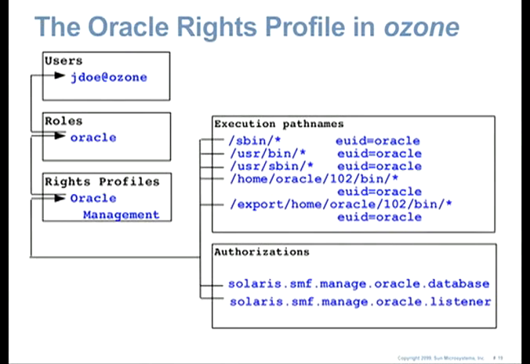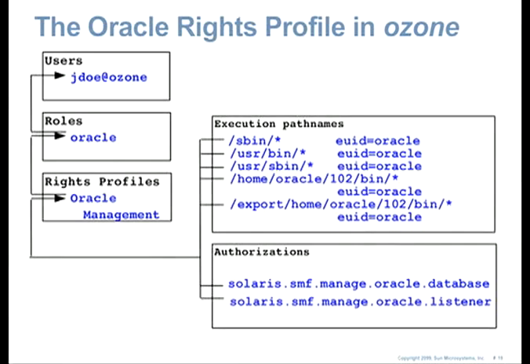The first are the executables that this particular rights profile is allowed to execute. So you see things like sbin star, user bin star. But the more interesting ones for this particular rights profile are the binaries in Oracle 10.2 bin with the effective user ID of Oracle. We added that to get the auditing output just right. So that's just an aside.